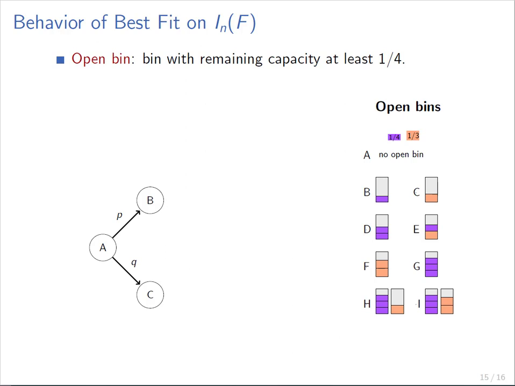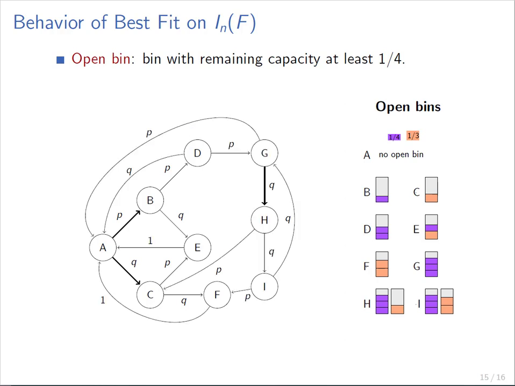So we can model the behavior of best fit by the following Markov chain. In the initial state, of course, we have no open bin, and then depending on which item arrives, we are either in state B or in state C. From states B and C, of course, we can reach new states according to the next item, but in total we have only 9 different states, A to I, in this Markov chain.